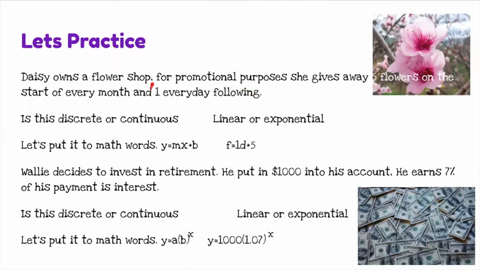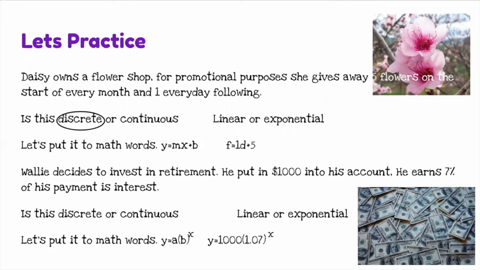So Daisy owns a flower shop. For promotional purposes, she gives away 5 flowers on the start of every month and 1 every day following. So let's see, is this discrete or continuous, linear or exponential? It is discrete because she is giving a whole amount of flowers.